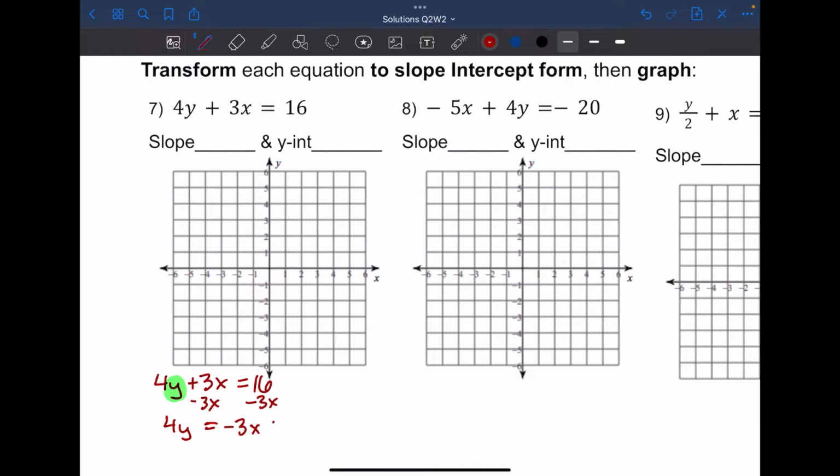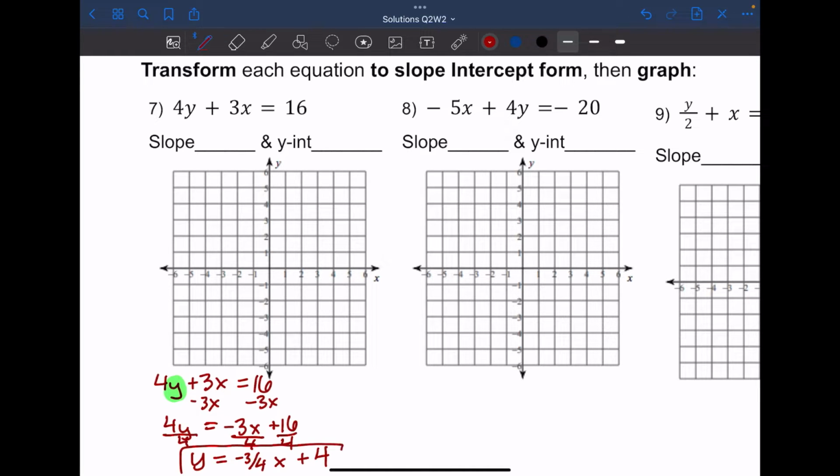And so this is plus 16, because 16 is positive. Now, there is still a 4 attached to the y, so we're going to divide everything here by 4. And this would give us y equals negative 3 over 4x plus 4, because 16 divided by 4 is 4.